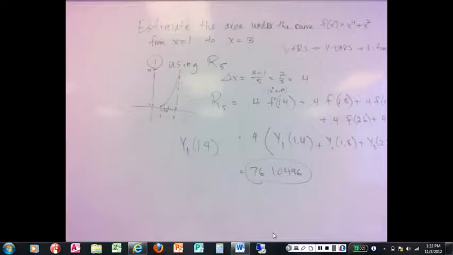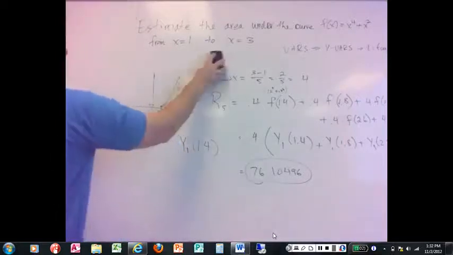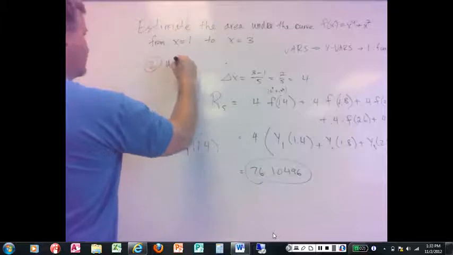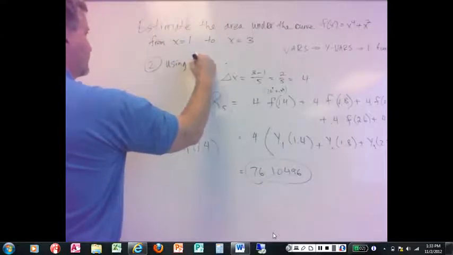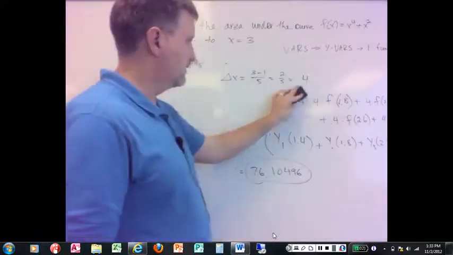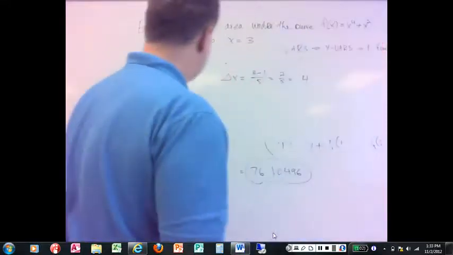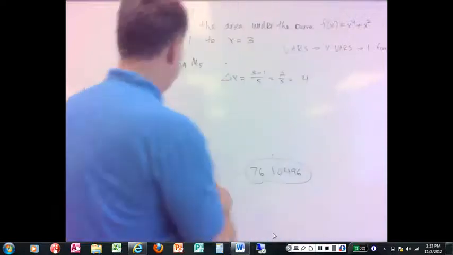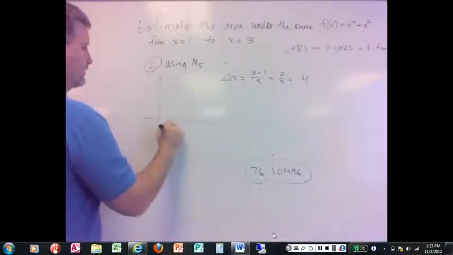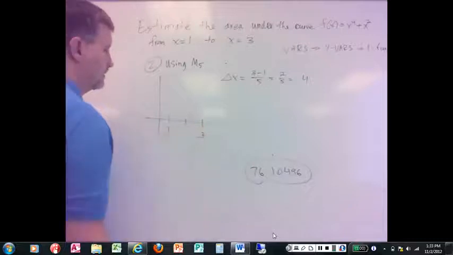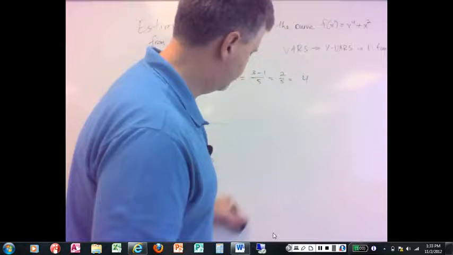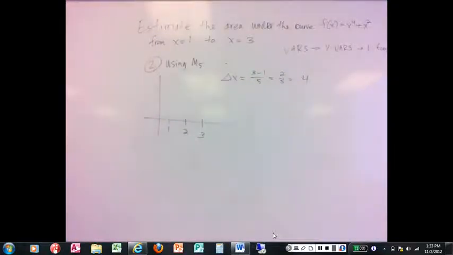Let's do one more. Number 2, same thing, but let's use M5. When you're doing these, the big deal is getting those endpoints of your interval set up nicely. Let me try to get these correctly this time. So I'm going 1 to 3.